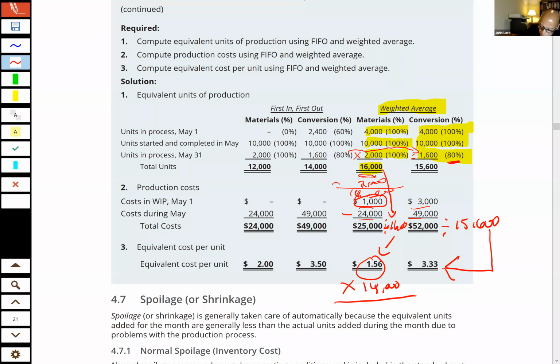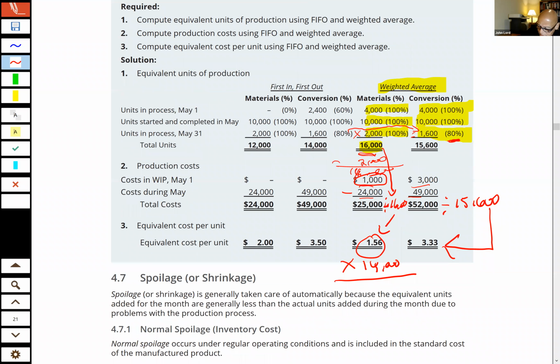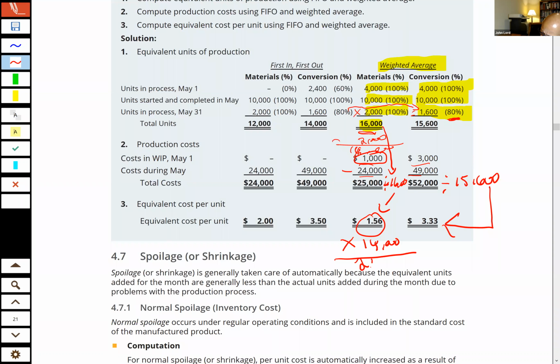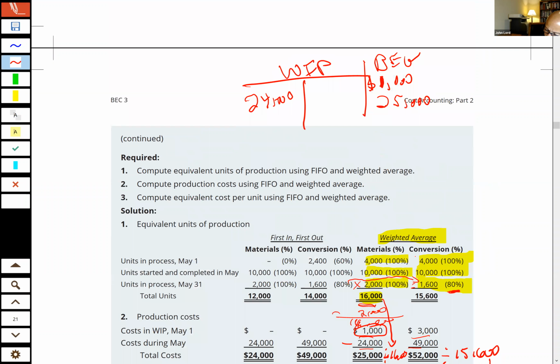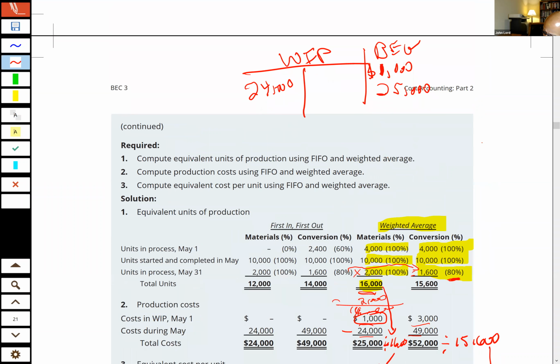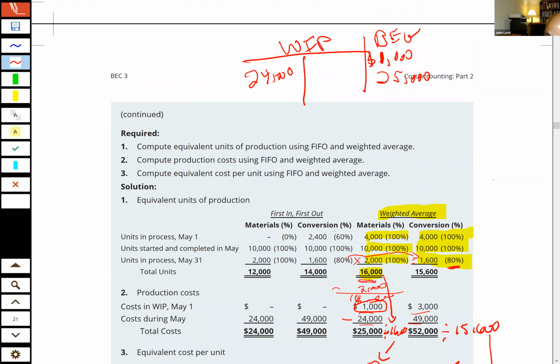Okay. And $1.56 times 14,000 comes to 21,875. Okay. So there would have been what? There would have been a credit to work in process. The reason we're doing this whole thing of 21,875.